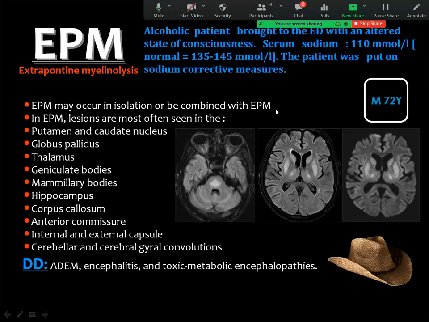In this disease, you got abnormal signal in the brainstem, in the thalami, in the geniculate nuclei, in the posterior fossa, and the mammillary bodies, hippocampus, corpus callosum, anterior commissure, internal and external capsule.